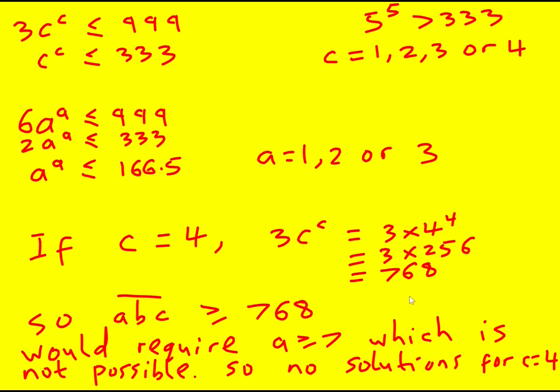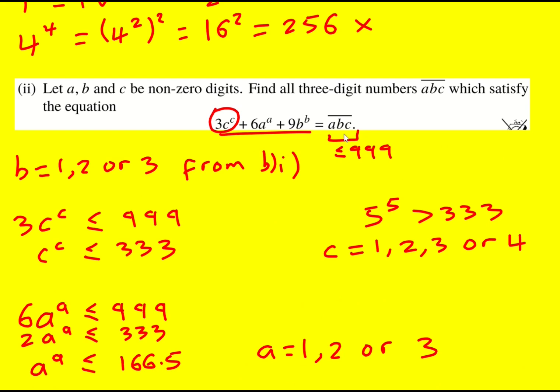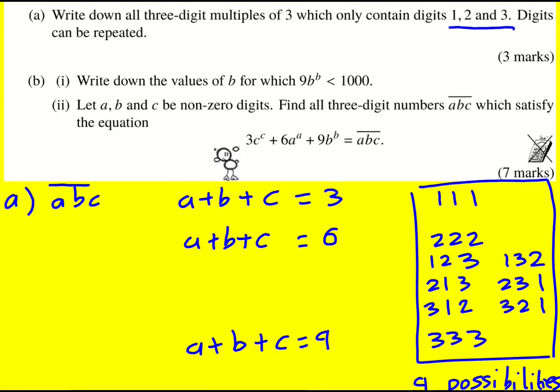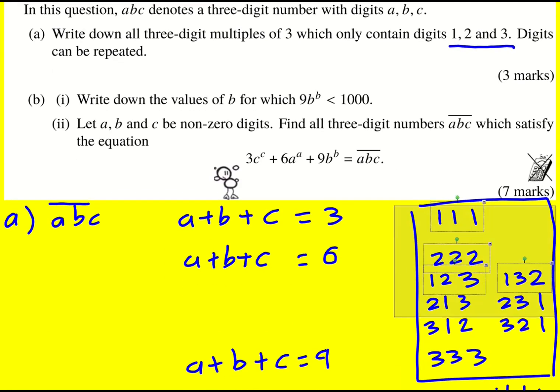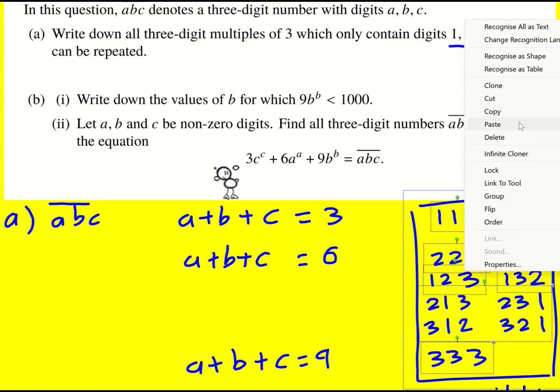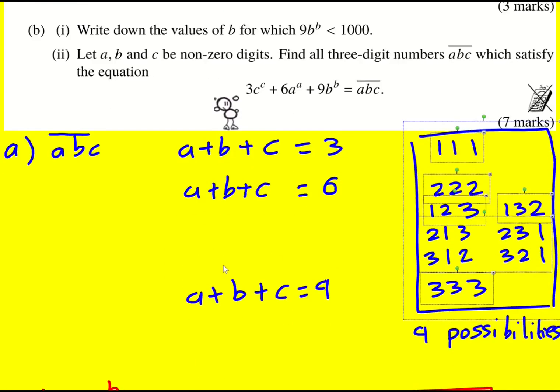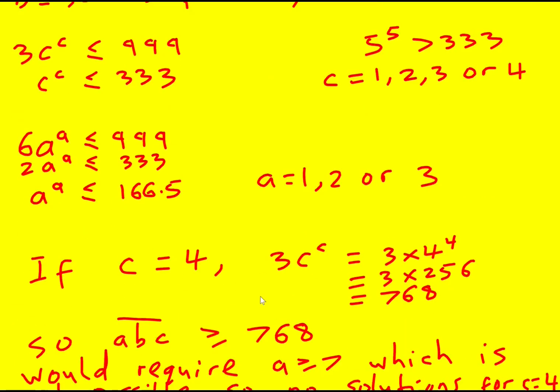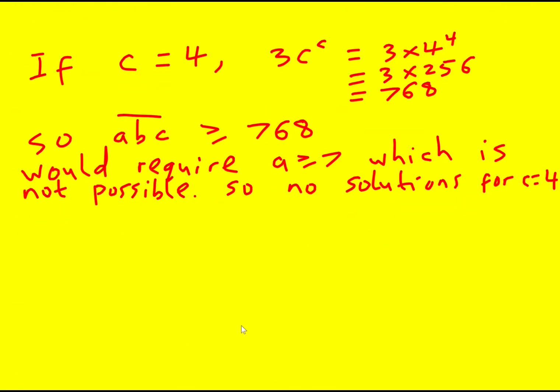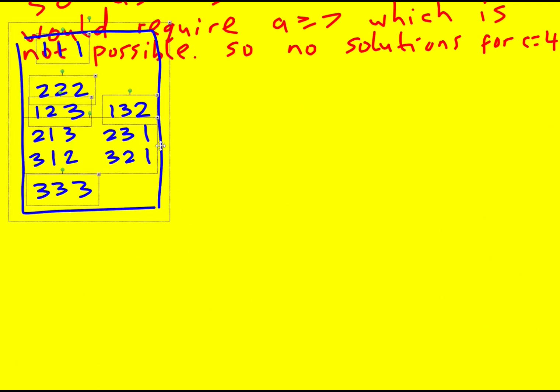What we're left with is all 3-digit numbers that involve 1, 2, and 3, which satisfy this equation. And remember, in part A, we found all 3-digit multiples of 3, all 9 of them. So I can use that and then just check each one individually. And we're going to have to do that.